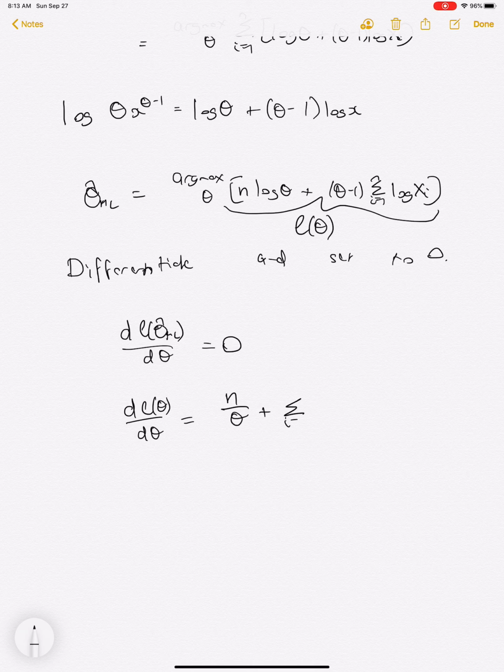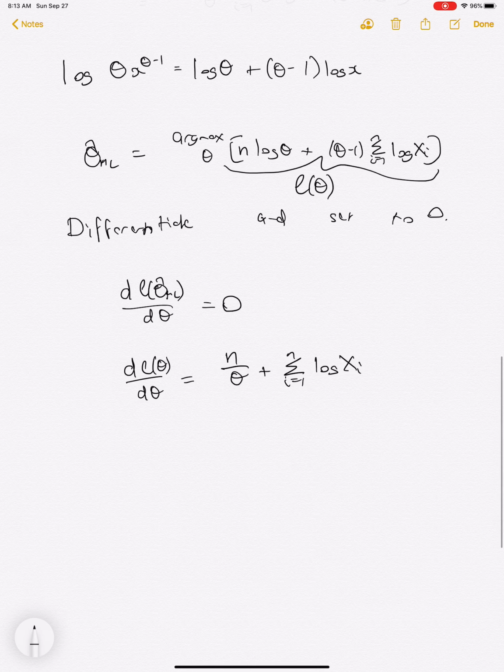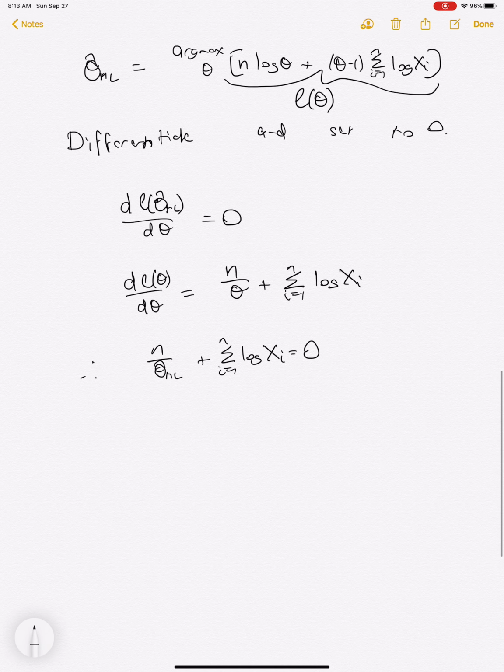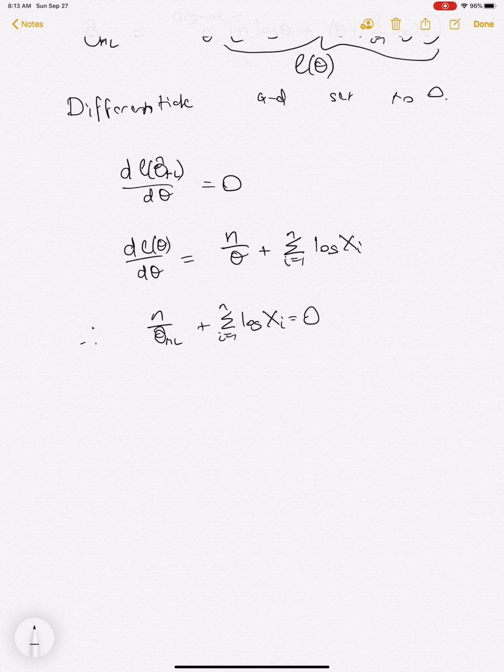So we treat everything that doesn't involve theta as a constant, and we get this as the overall derivative, and so therefore, if we do some rearrangement, we get that theta hat ML equals the negative log of the sum of the xi's over n.